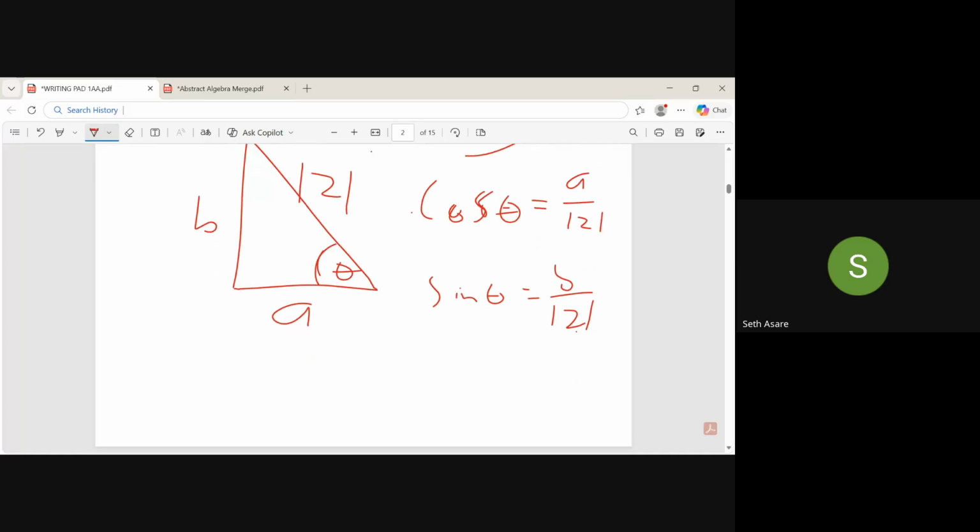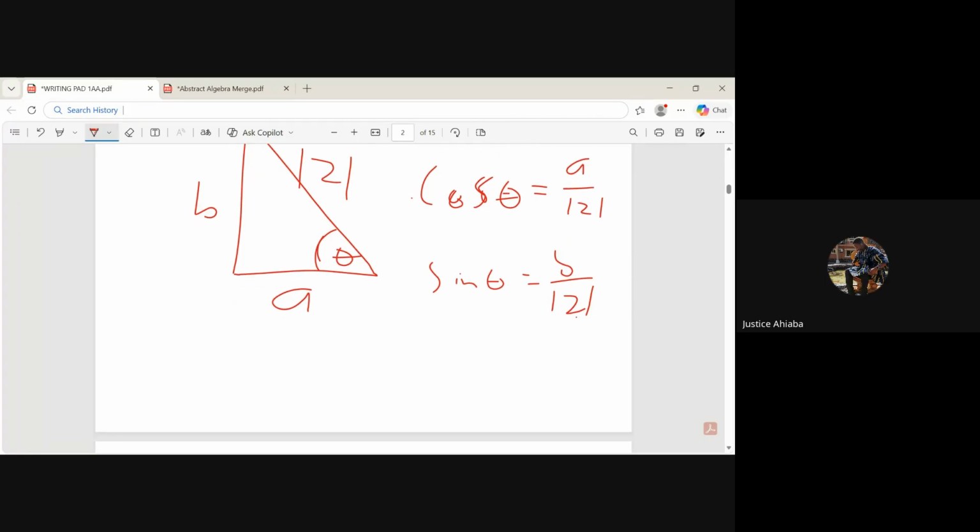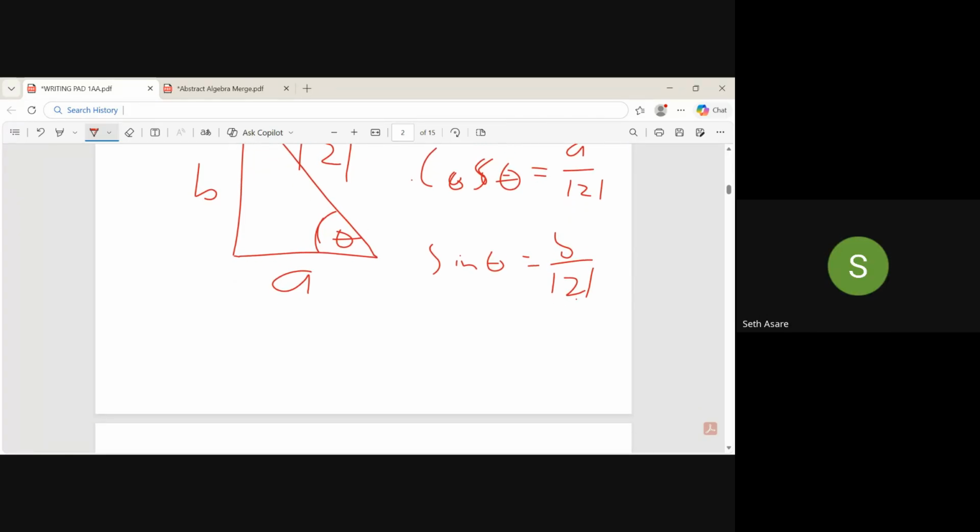Are we taught that anytime we need the proper angle, we should use tan? And what is tan? b over a. So when I divide this one by this, it will still give me this.